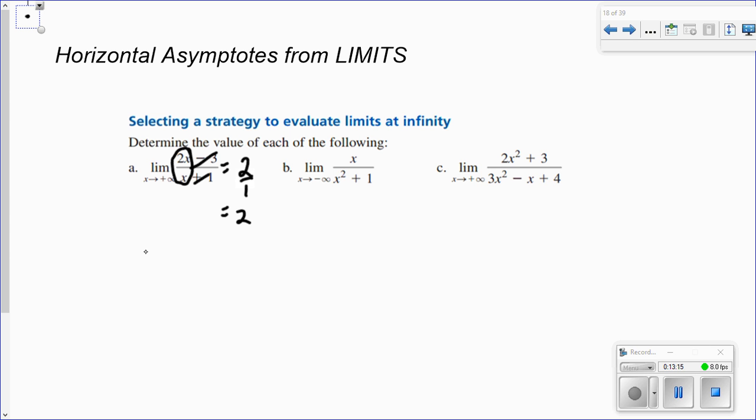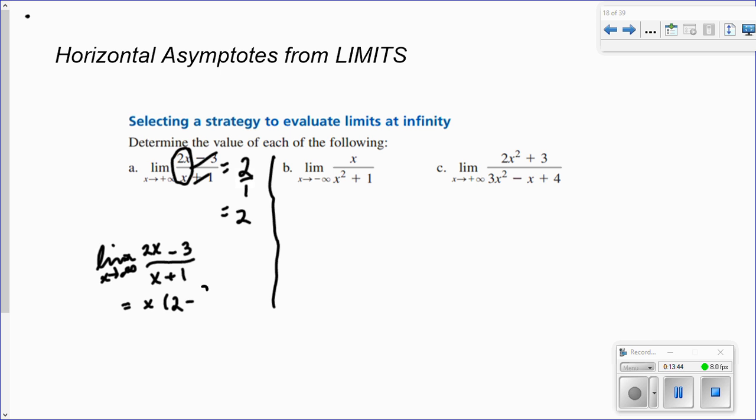Now with limits and with calculus, there's another way to do this, and you'll start to see this here. Sometimes I can take out a factor of my term. Let's take an x out of the top and the bottom. If I took an x out of the top, I'd be left with this, and if I took an x out of the bottom, I'd be left with this.